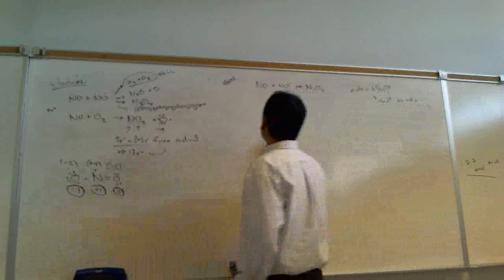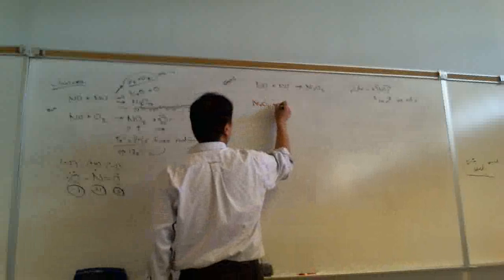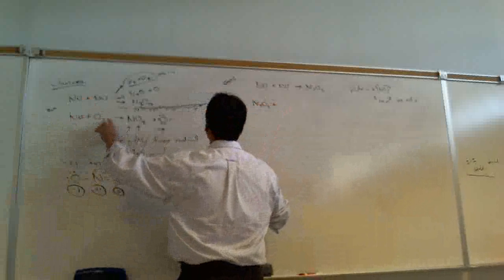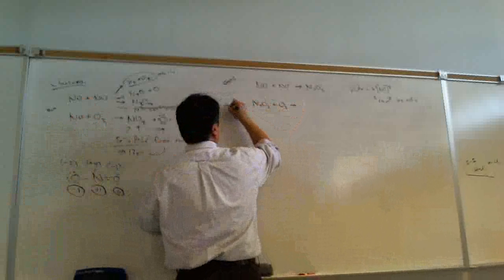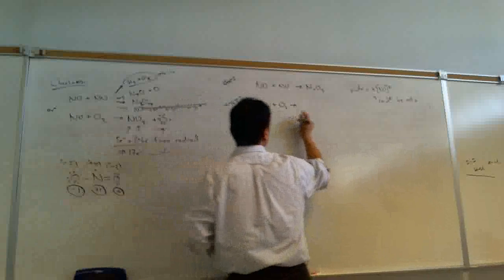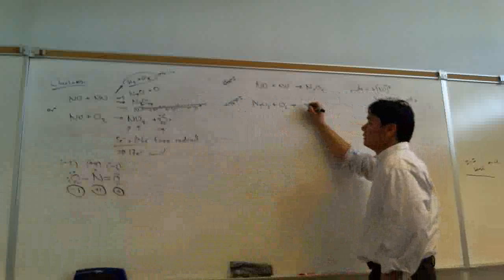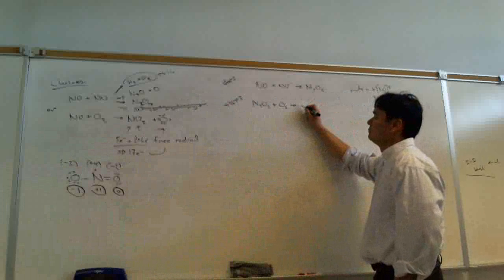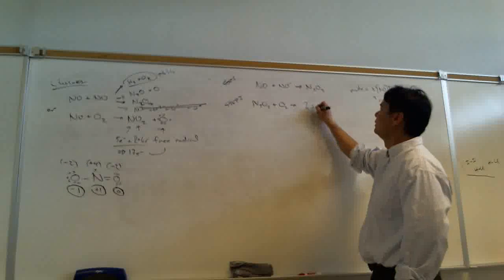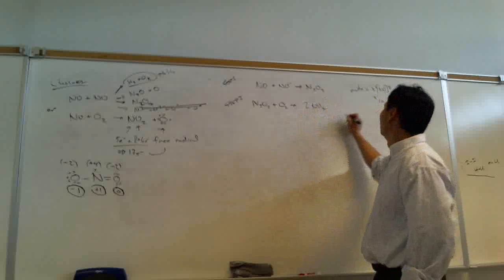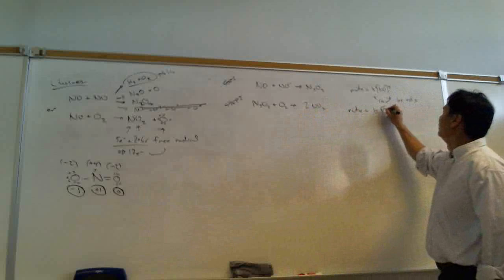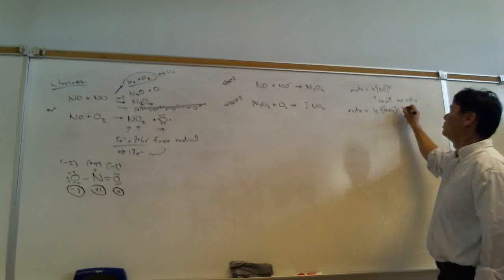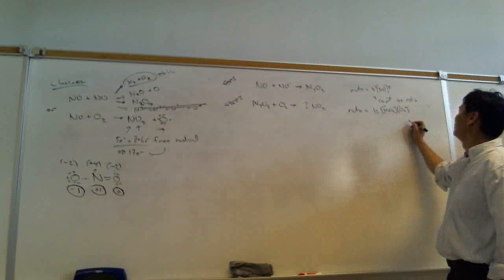And so what we have to do is take the N2O2 and react it with what's left over. We haven't used our O2. And so in step 2, N2O2 plus O2 gives us 2NO2. And then what is the rate of this? The rate is equal to k, first order in N2O2 and first order in O2.